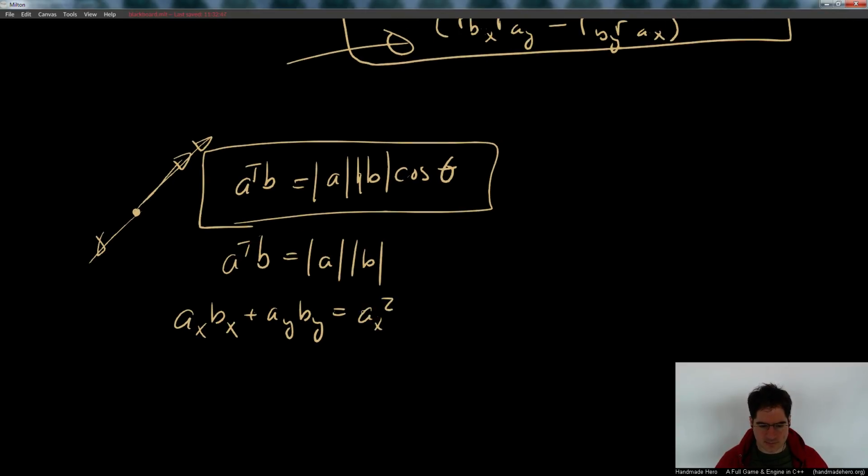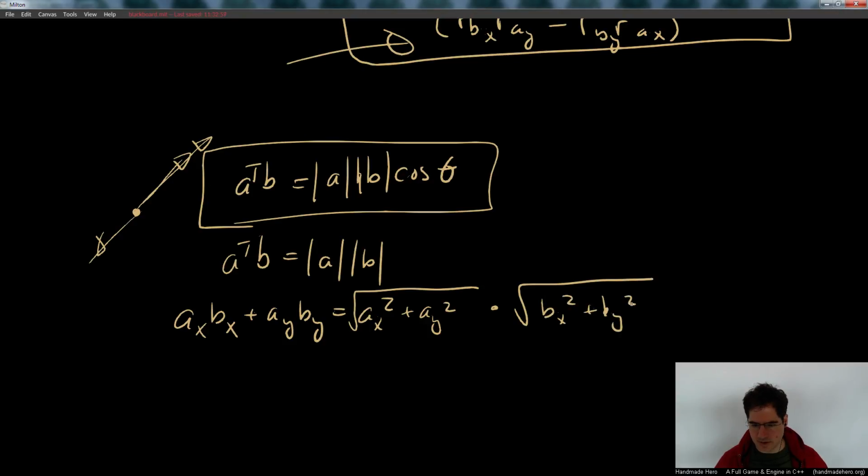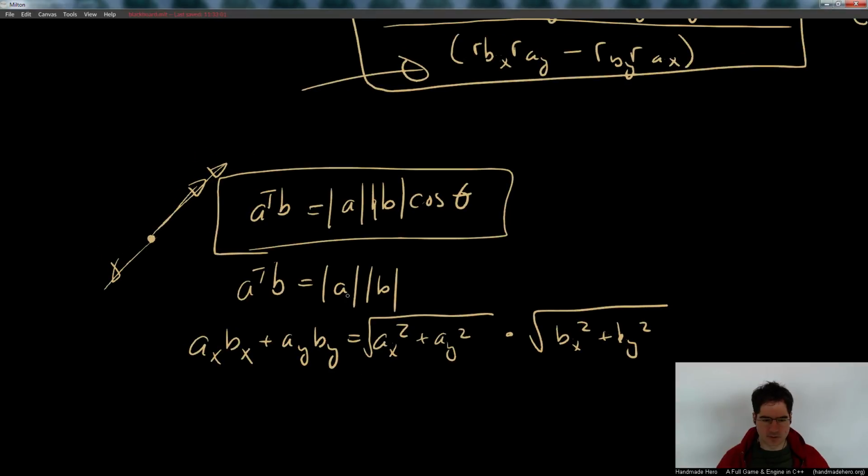AX squared plus AY squared, square rooted, times BX squared plus BY squared, square rooted. Right? That's the length of A and the length of B in this case. Right? And we know that there's no cosine term because the cosine theta term will have to be 1 in the case where they are parallel.